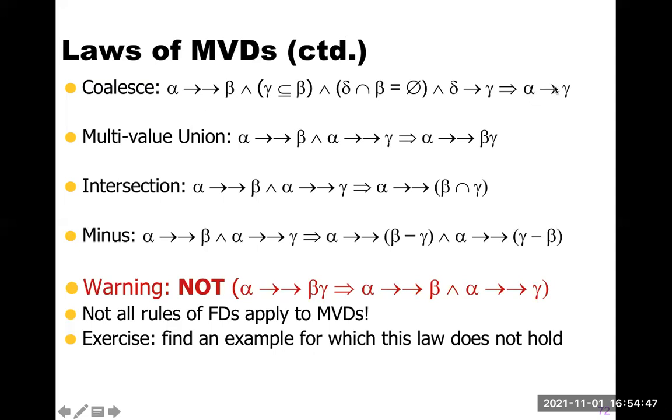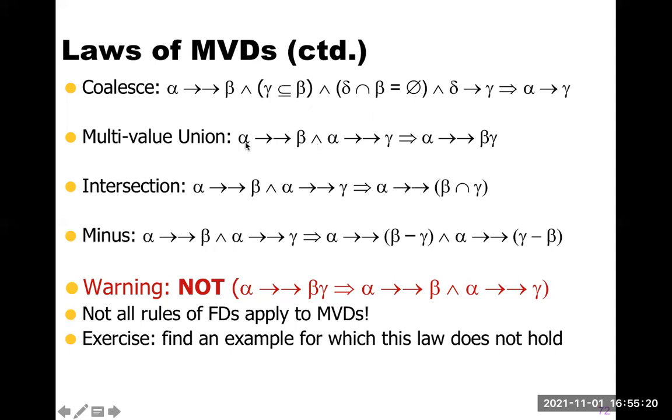Then this subset of columns, gamma, depends on alpha functionally too. So essentially, we may extract some columns that have unique values for that alpha. So gamma depends on alpha functionally.